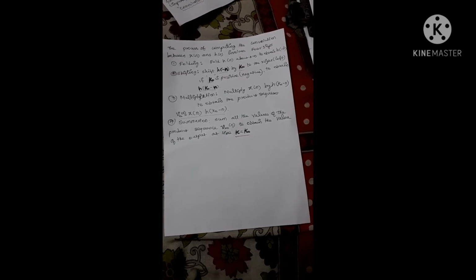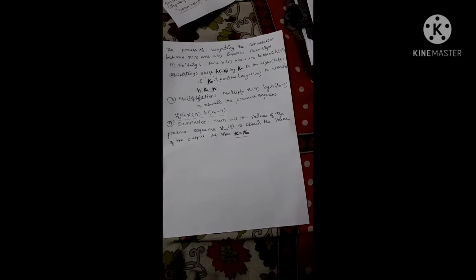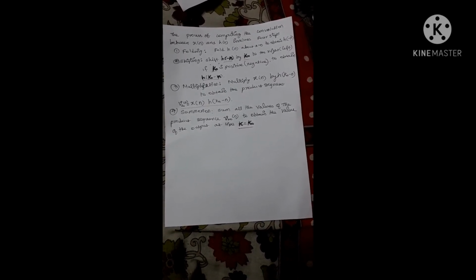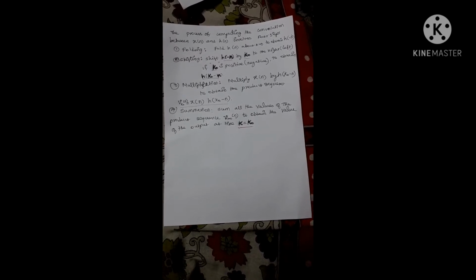In this process of convolution, first we fold, that is h of n becomes h of minus n. Then we shift, that is h of 0 minus n, 1 minus n, 2 minus n, 3 minus n, like that. Then we multiply with the input signal, and then sum.